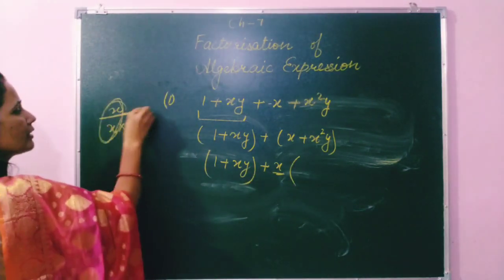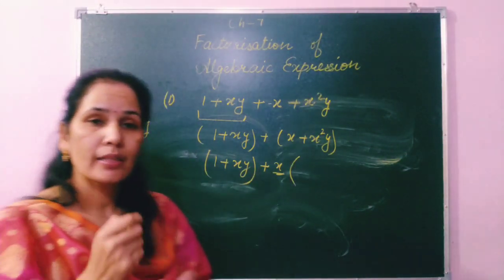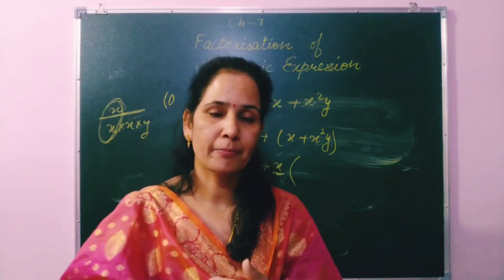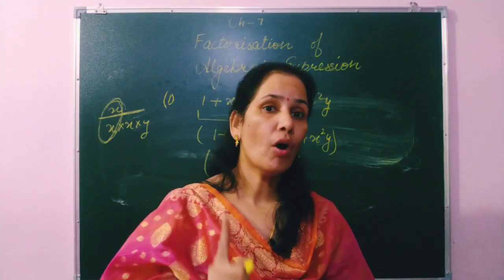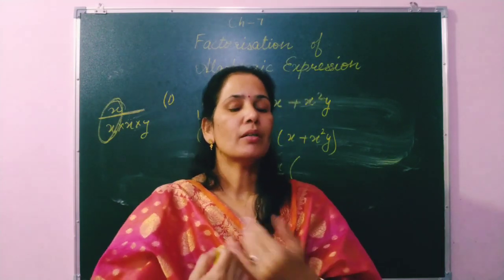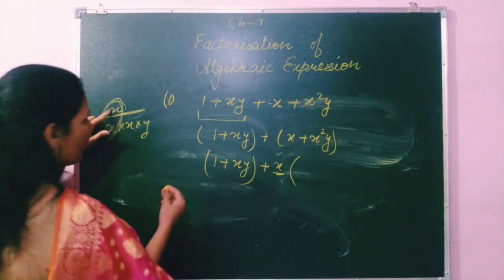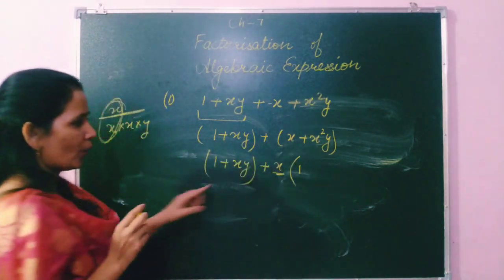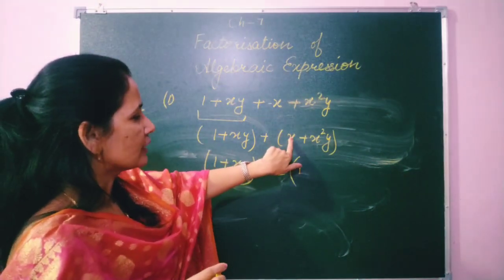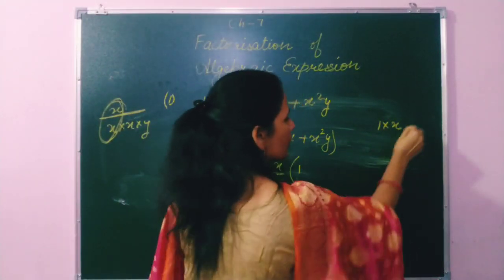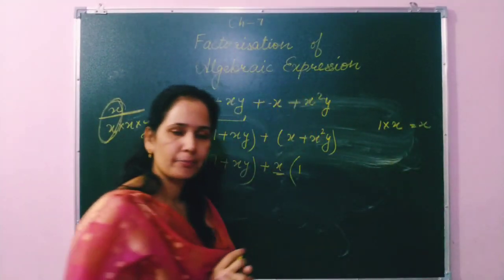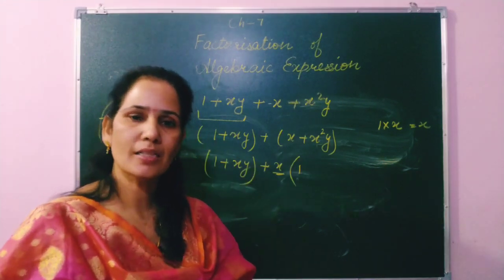Whenever we take a single variable common, what is left behind? Students, we know very well that the number 1 is a factor of all numbers. So if we take the full term as common, what will remain? 1. If we take this x, 1 remains here, because 1 multiplied by x gives x only.